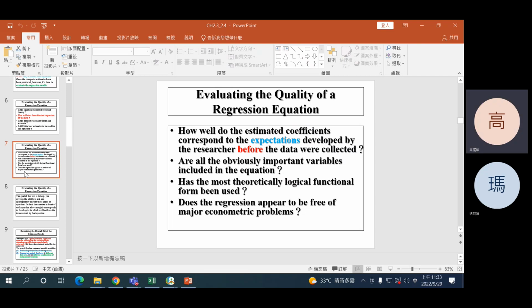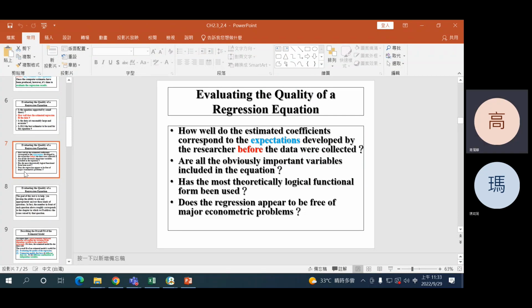Or you need to ask, has the most theoretically logical functional form been used? Meaning the functional form of the equation model, whether this functional form is correct. We'll get to that. This is in chapter 7, and this one is in chapter 6.